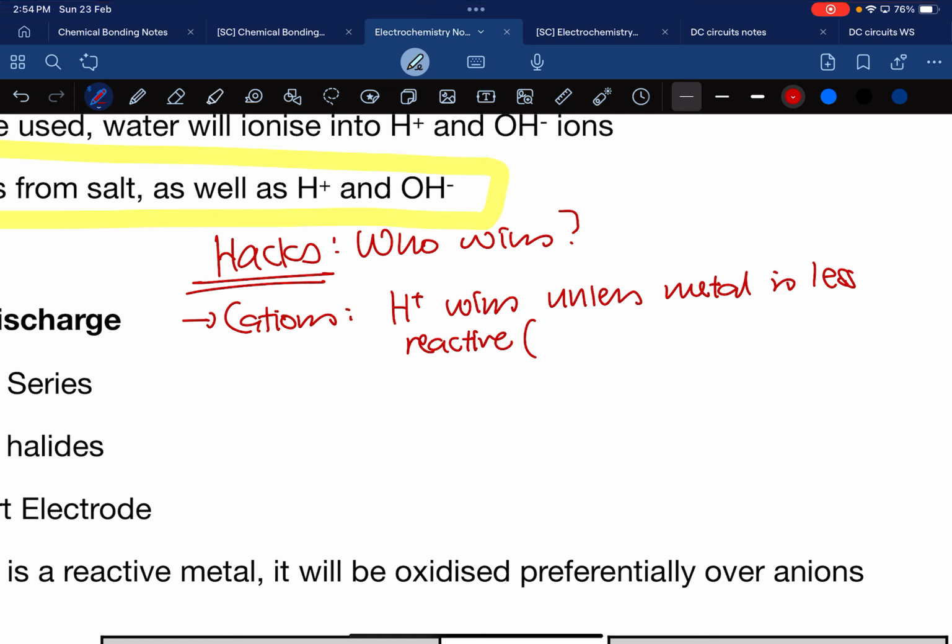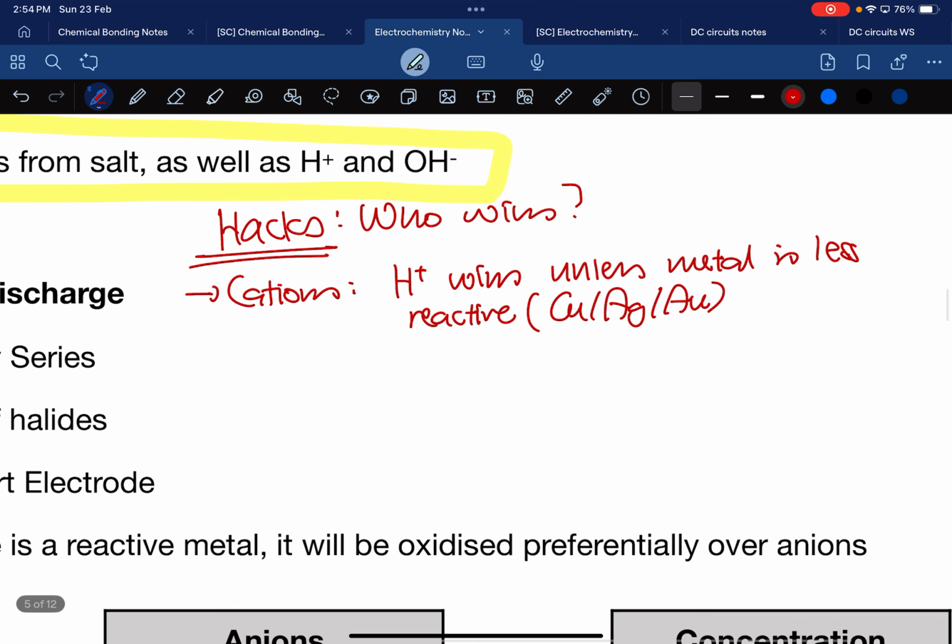On your reactivity series, come on. Cu, Ag, Au, all these pathetic ones. But here they win because they are less reactive. We say preferentially discharged. Good?